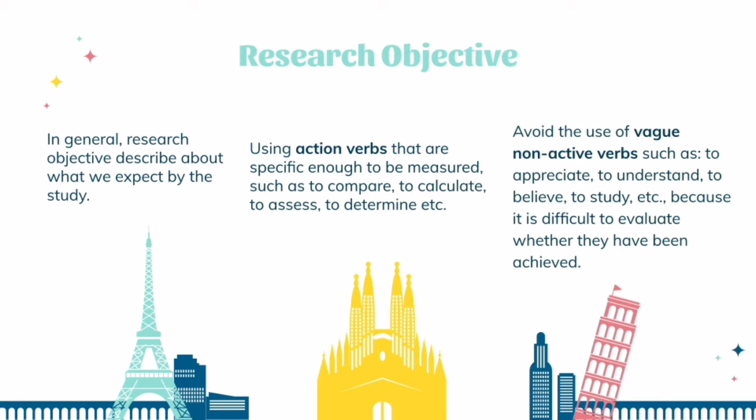Besides, research objectives usually use action verbs that are specific enough to be measured, such as to compare, to calculate, to assess, to determine, and etc. In the research objective, the researcher should also avoid vague non-active verbs such as to appreciate, to understand, to believe, to study, and etc., because it is difficult to evaluate whether they have been achieved or not.